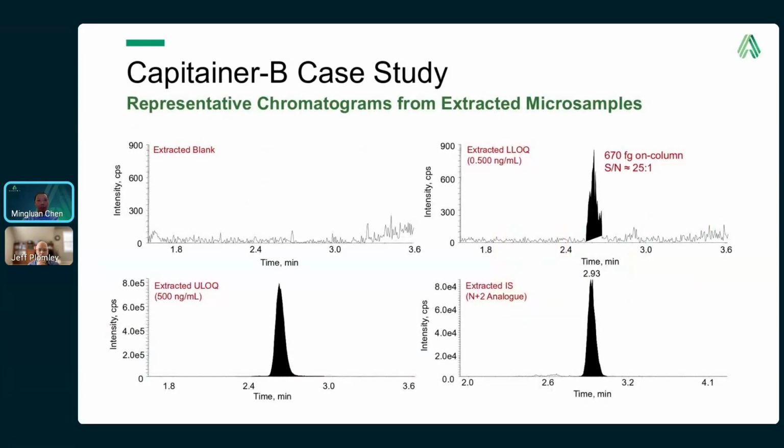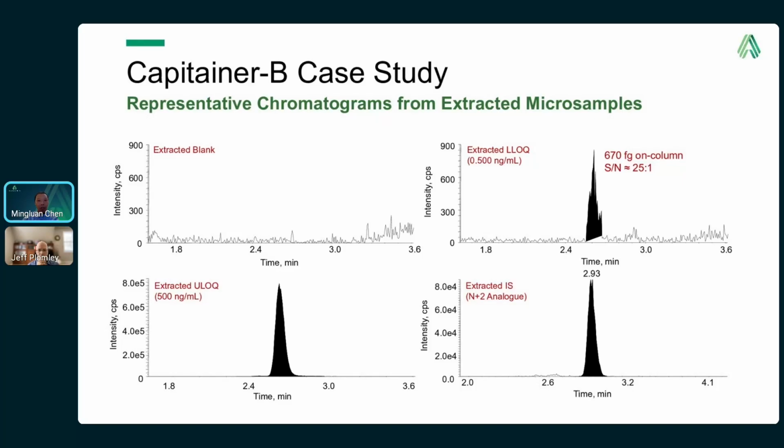Here we show the representative chromatograms, including extract blank, the LOQ at 0.5 nanogram per mL, the ULOQ at 500 nanograms per mL, and the internal standard. The blank sample shows a clean background with no interference peak, and the peaks for formiversen and the internal standard are sharp and well defined.